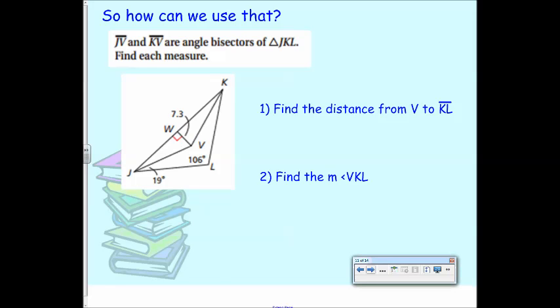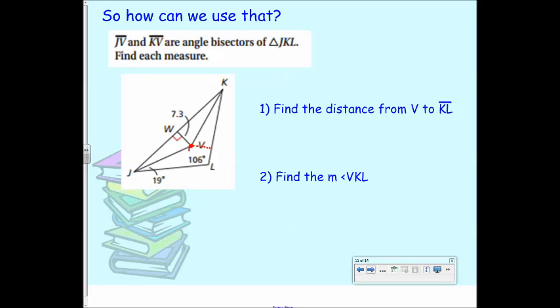It says find the distance from V to KL. So V is the incenter. And if I go from V to KL, this little dotted line would have to be the same as what? 7.3. Because that goes from the incenter to the other side. If I put another one here, this would also be 7.3. And then find the measure of VKL.